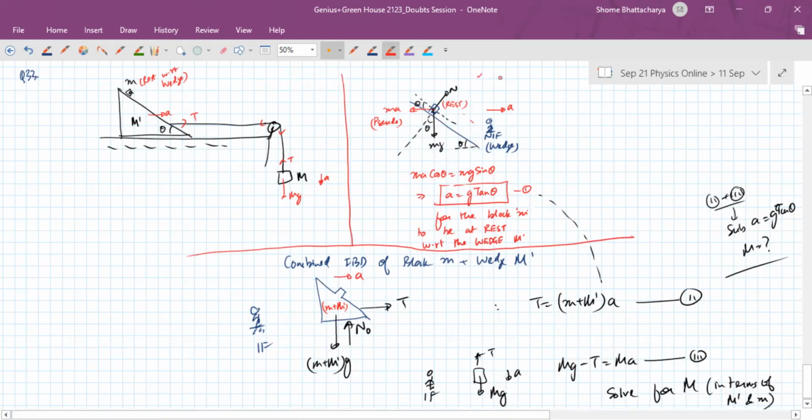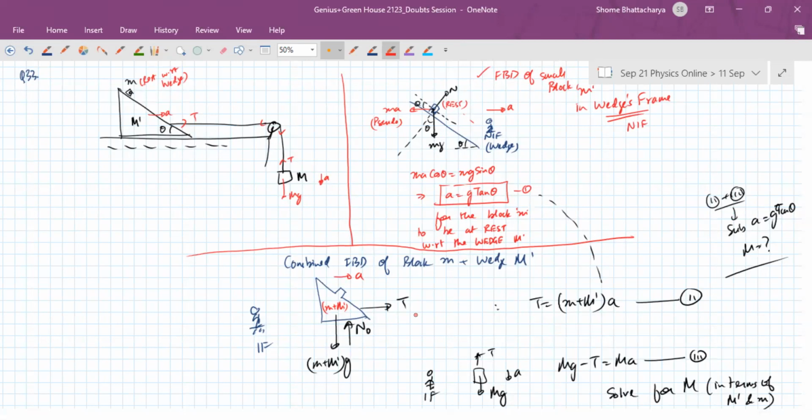See this one. This is the FBD of the smaller block, small m, but in the wedge's frame. And that's a non-inertial frame. So that's where there's a pseudo force also. Yes, that's what this is.